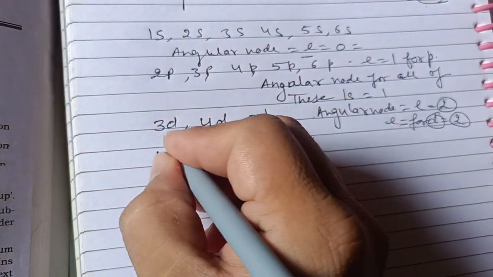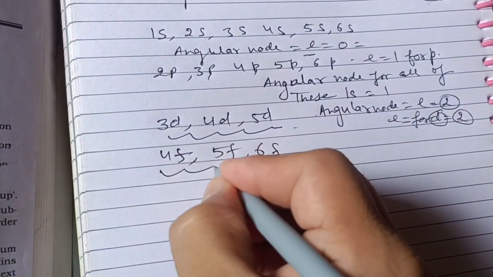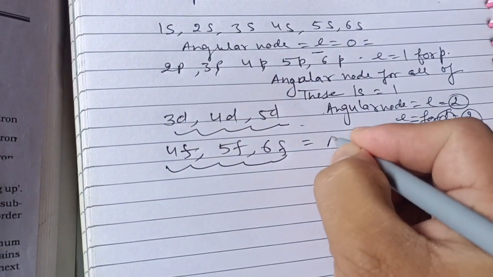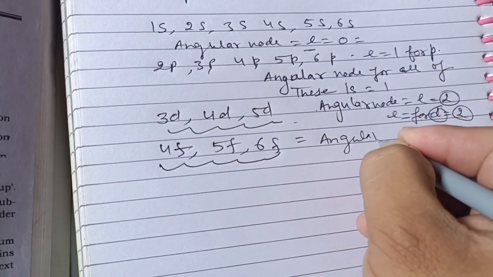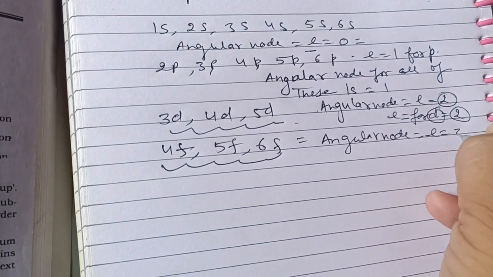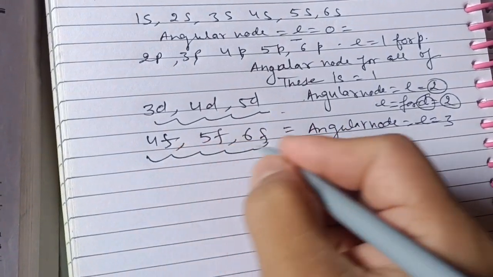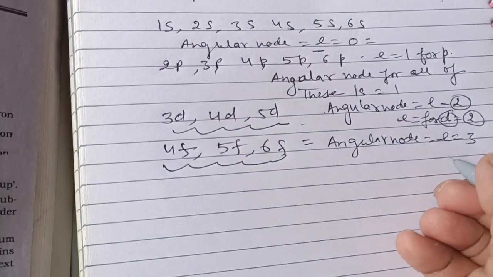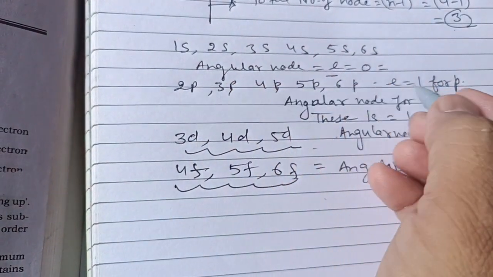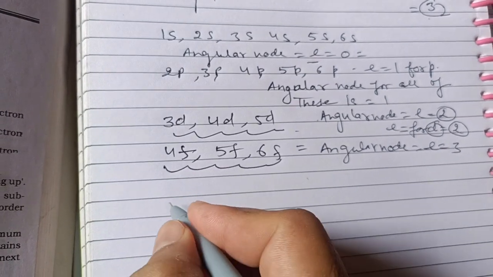So all of these have angular node equal to 2, and for f, l value equal to 3. So for all these angular node equal to 3, for all s angular node equal to 0, for all p angular node is equal to 1, but they have different values of radial node.